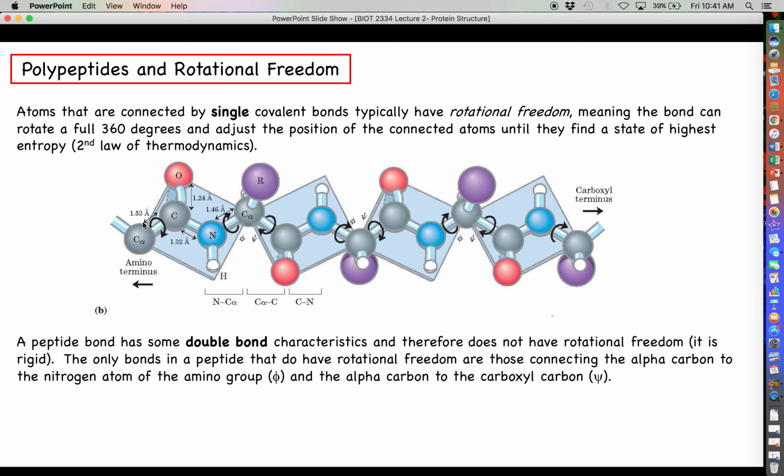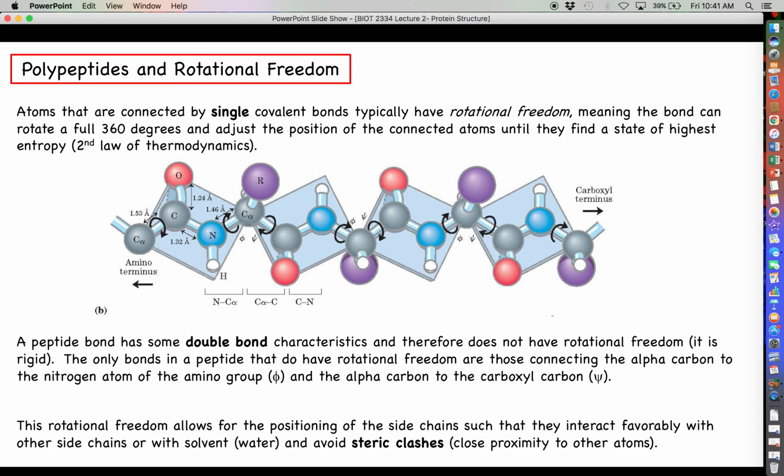The angle of rotation for each of those is indicated by these Greek letters here, theta and, not omega, psi. So theta and psi are indicators of the angle of rotation that you get for those particular chemical bonds, but we don't see that for the peptide bond, as we said, because there is no rotational freedom there.